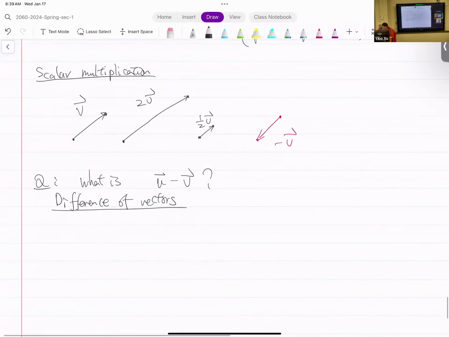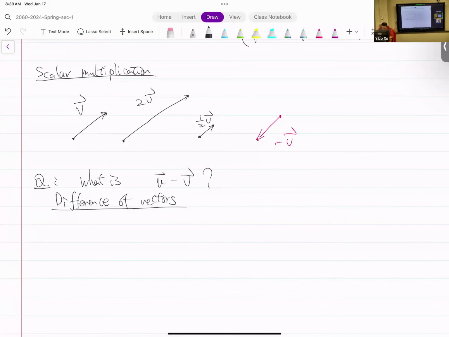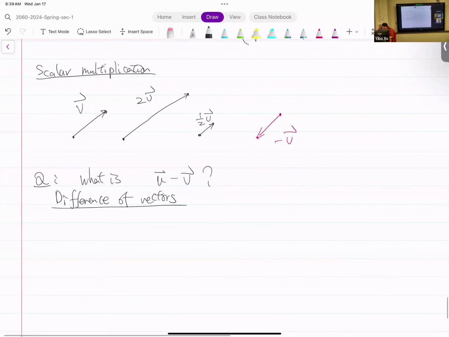Let's try the triangle again. Let's say we have U and V like before, like this. Okay. We have the tail of V at the head of U, so stacked together. So now, we want U minus V.